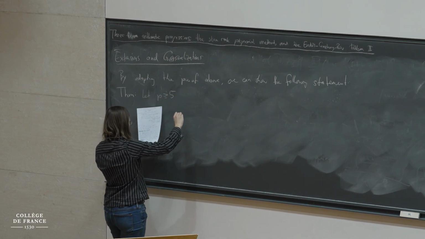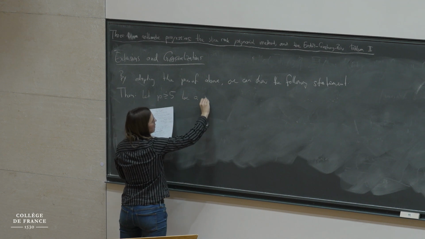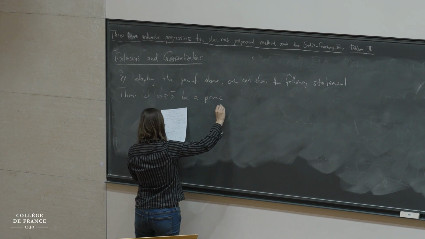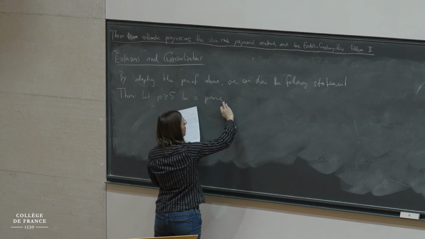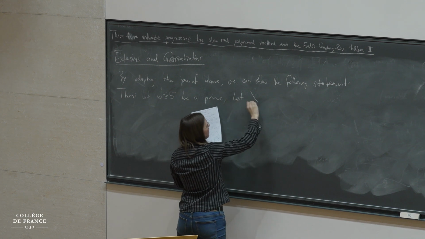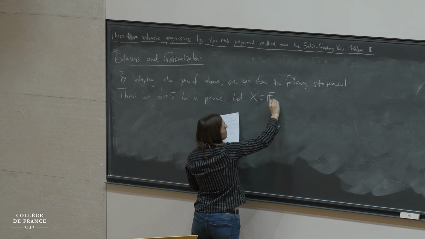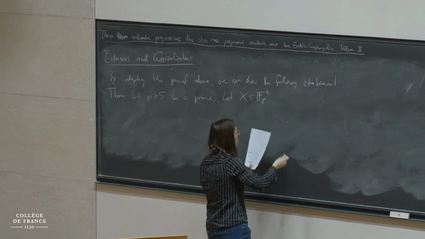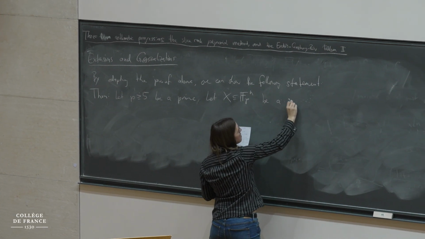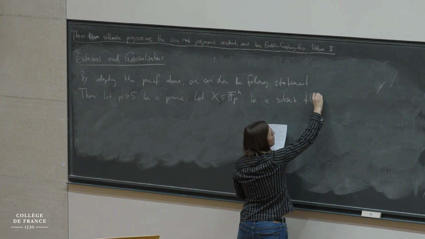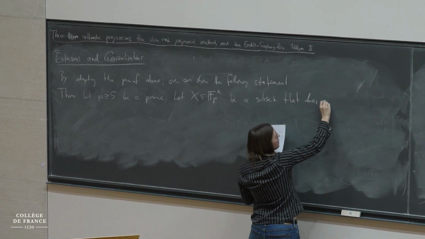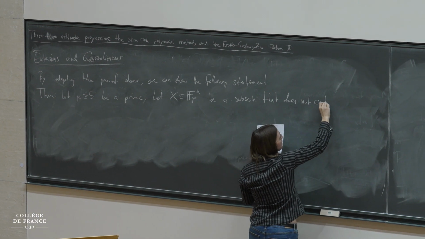Let p at least 5 be a prime, and let X be a subset of F_p to the n that does not contain a solution to a certain equation.